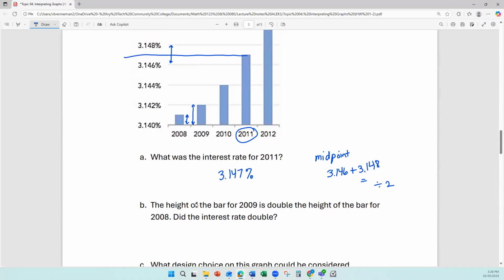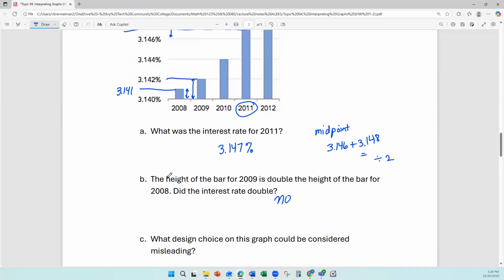If we look at reading what these rates actually are, where the top of the bar lands, 2008 is 3.141, 2009 is 3.142. They've definitely not doubled. That's just a tiny little increase there from 3.141 to 3.142. So it definitely did not double.